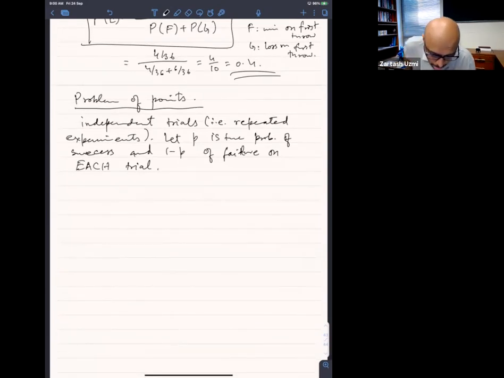I am going to ask this question. Okay, देखिए एक तो बड़ा सिंपल सा क्वेश्चन पूछ सकते हैं. What is the probability of winning before losing?